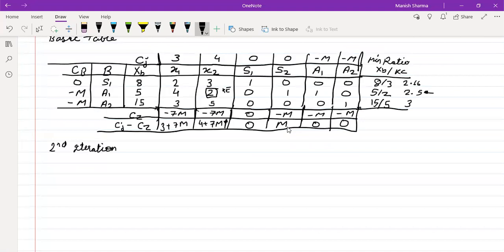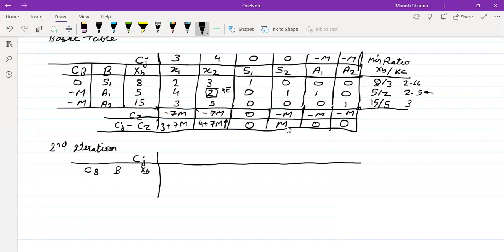The table will have Cj, Xb, B, Cb. Then you have X1, X2, S1, S2, A1, A2.